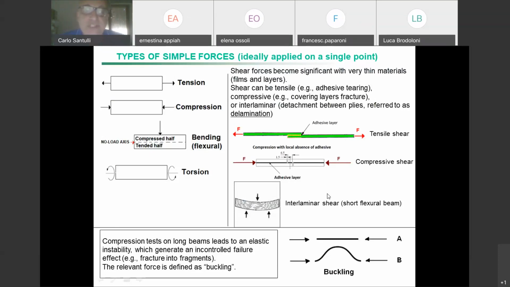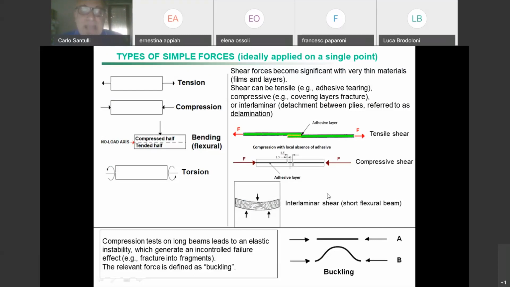Then you can have shear forces. Shear forces are usually quite negligible if the structure is quite large. For example, you have a concrete cube, and you may imagine that it can have some shear forces, but close to the edges, close to the angles. In general terms, this is negligible over the dimension of the cube.